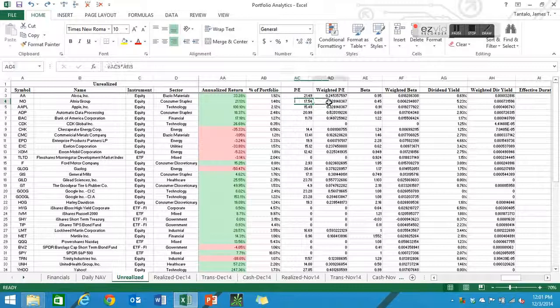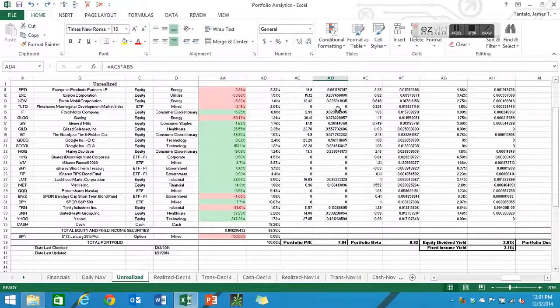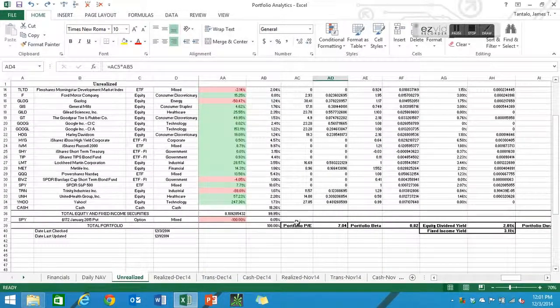So, for example, Altria has a PE of 17.54. We weight that for that 1.4% of the portfolio I was talking about before, and you do that for all of our holdings and add it up, and we can see that our portfolio price to earnings is 7.04.